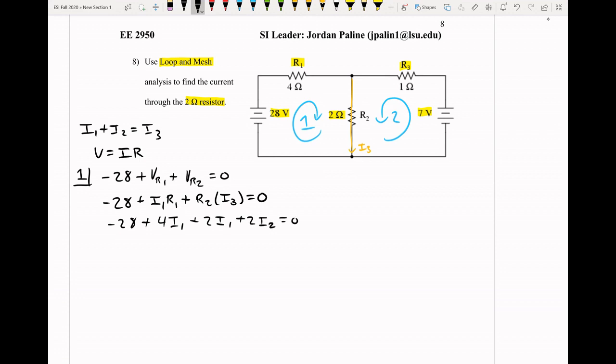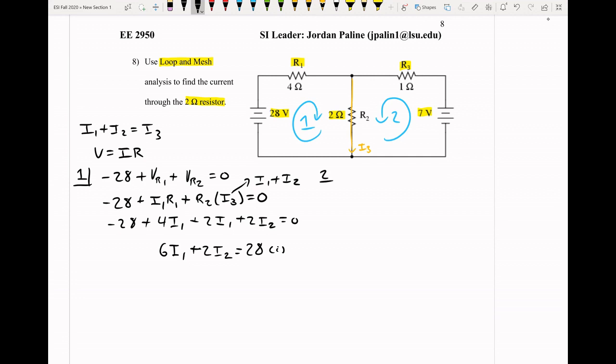Because remember, we said that I3 is equal to I1 plus I2. So we'll just combine like terms, and it looks like we have 6I1 plus 2I2 is equal to 28, and that'll be our first equation.